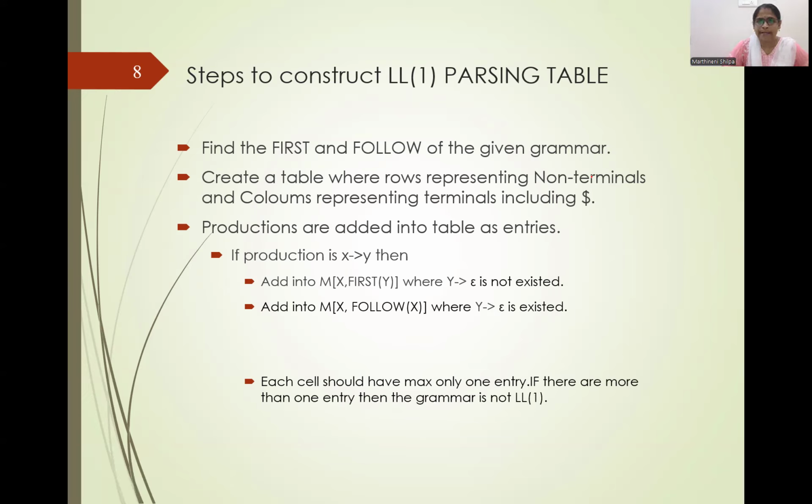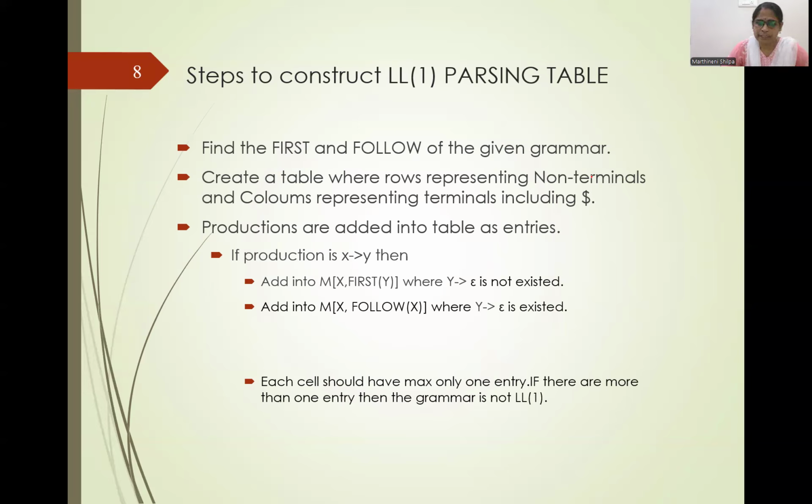Productions are added into the table entries. After constructing first and follow, if the grammar has n productions, all those n productions should enter into the table. That means we should make an entry into the table for all the productions. In which cell each production is going to be stored depends on the condition.